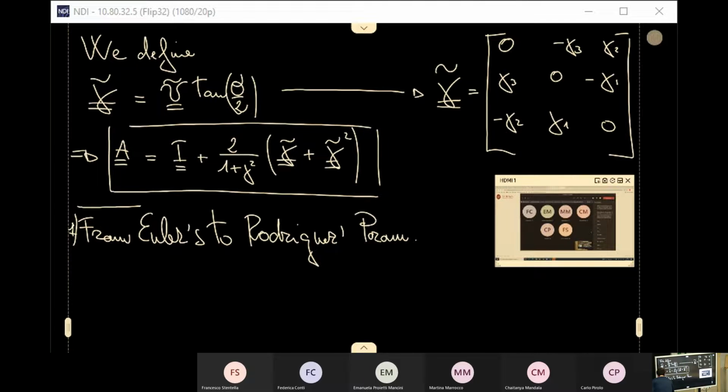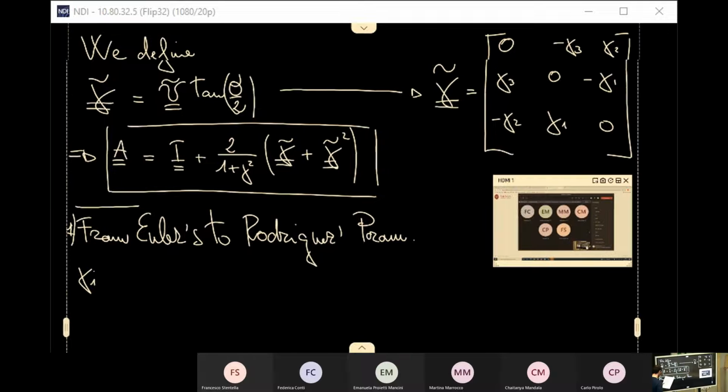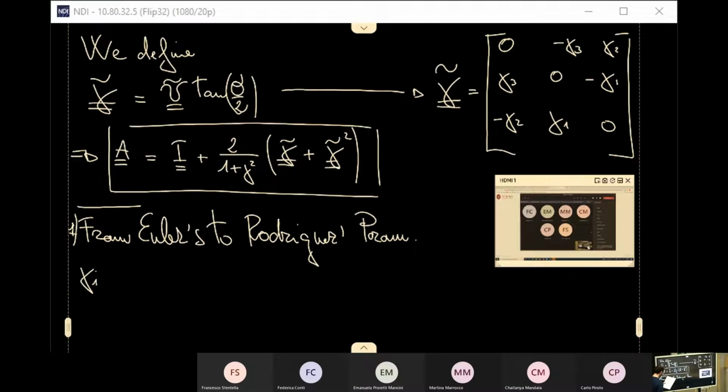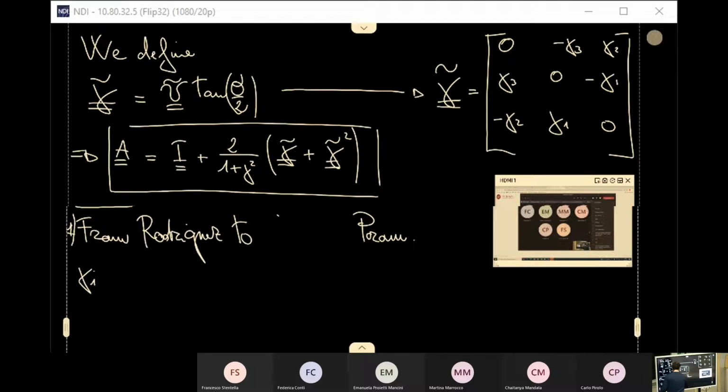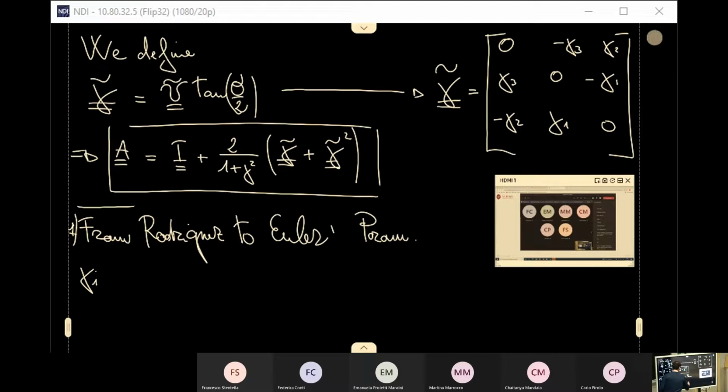So we saw that the Rodriguez parameters, actually, sorry, it's the other way around. We will do also the same thing, in fact. Okay.